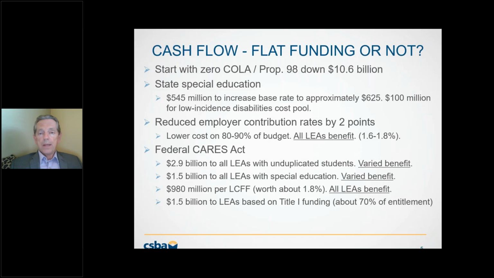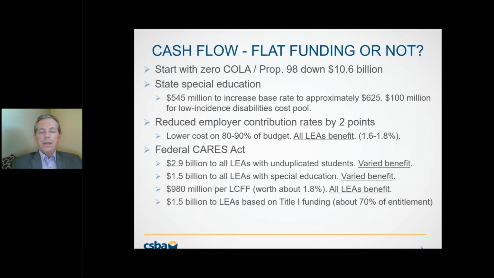That's being developed right now by the Department of Education. So you and your fiscal staff are going to be looking constantly to your county office of education and the Department of Education to find out what this means for my district, what this means for my county. But again, that is cash. It is from the federal government, and it's just for this fiscal year.